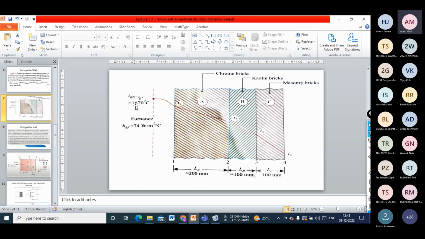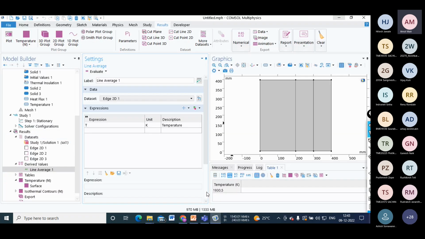Gas temperature is 1670. Okay, but I want to find the temperature of this wall. So with the help of this we can find out. So this is 1930.5 Kelvin. If you want to find in degree centigrade, you can find. Okay, so here we will see 1657.3 is the temperature of inside wall.